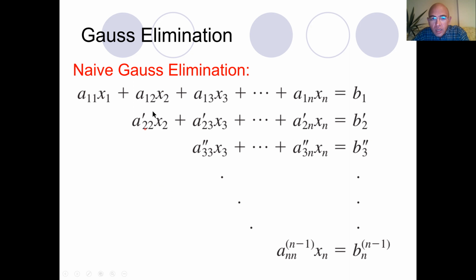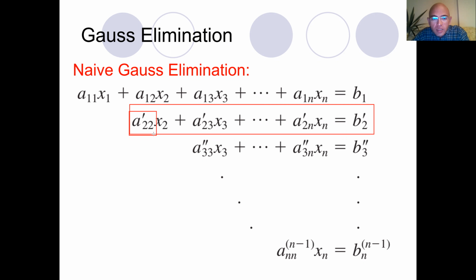And as a result, I'm left with this equation in the second place. So this will be my second pivot equation, and my pivot coefficient will be a22 prime.